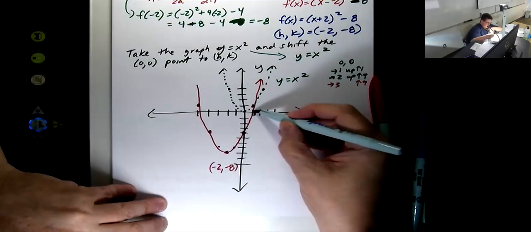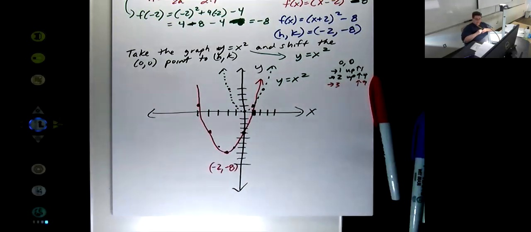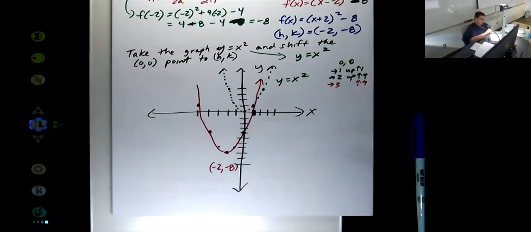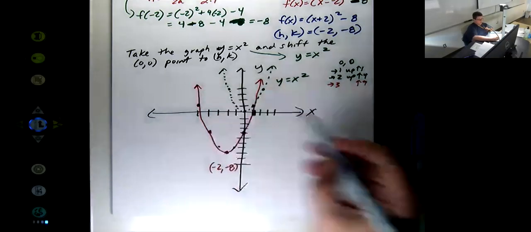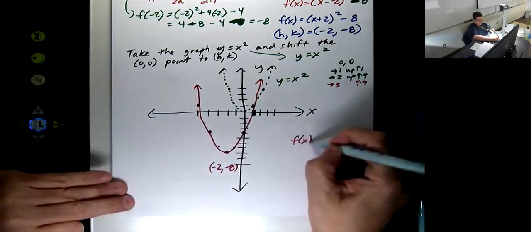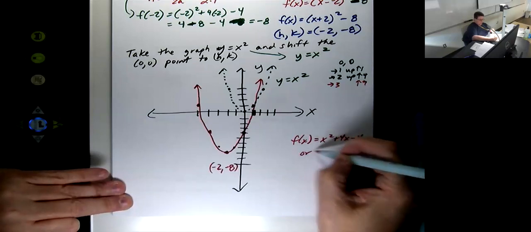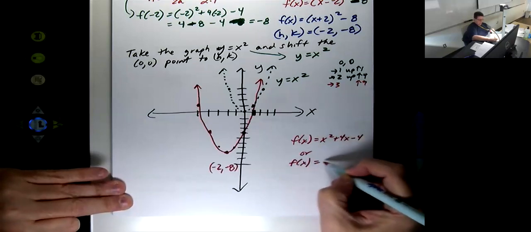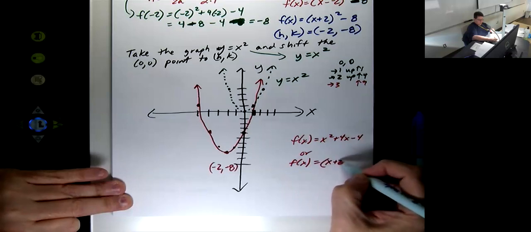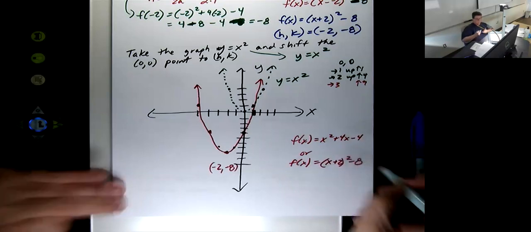I think that red line should be a little bit to the left of it. That's f of x equals x squared plus 4x minus 4, or f of x equals x plus 2 squared minus 8.